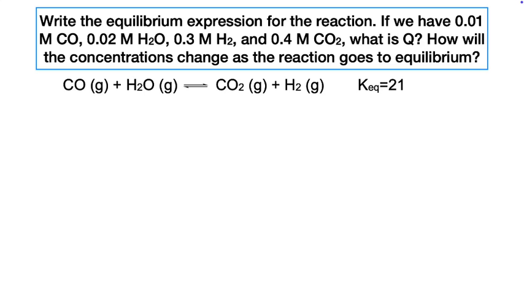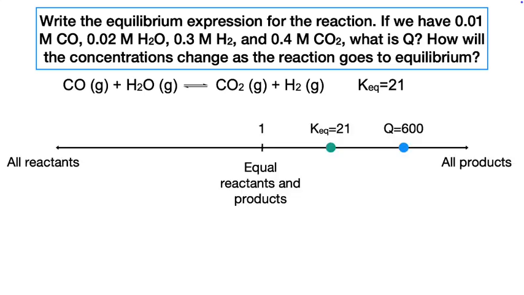Okay? This is where Dr. Schneblin likes to bring in the number line, which I had never seen before, but seems to make a lot of sense as well. You're looking at that number line of effectively 100% reactants versus 100% products. What would your K be if you were 100% reactants?